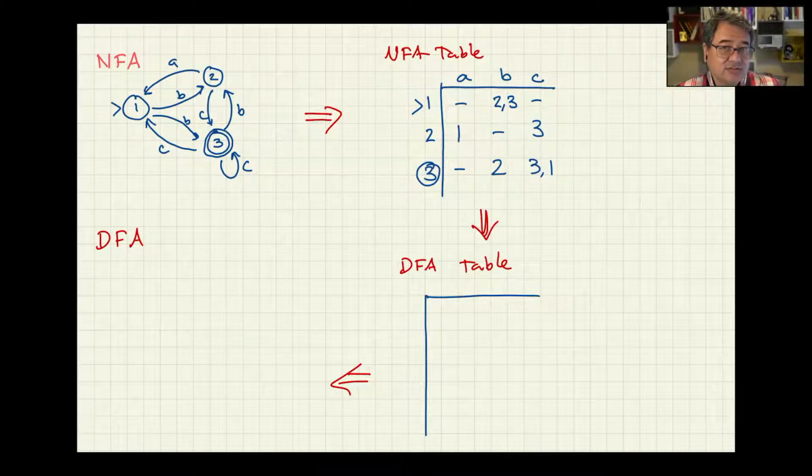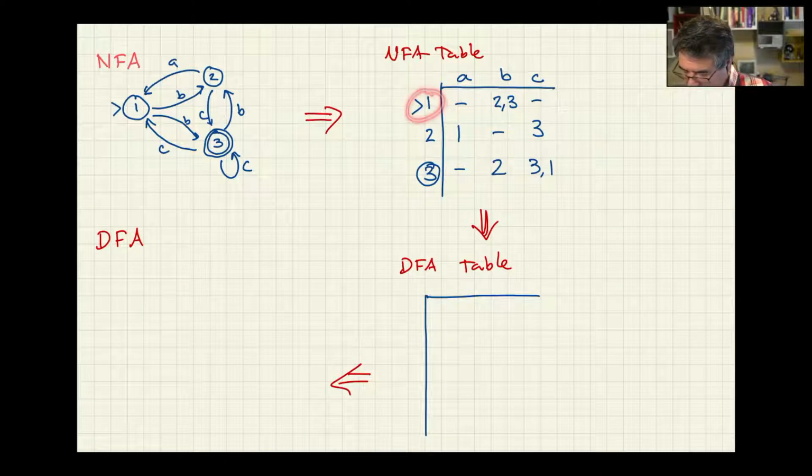So we're going to do kind of the same thing, but we're going to use the table. We're going to start at the starting state and then see what transitions are available to us. And we'll add states down the left-hand side as we discover them, the same way we added states to the DFA drawing as we discovered them.